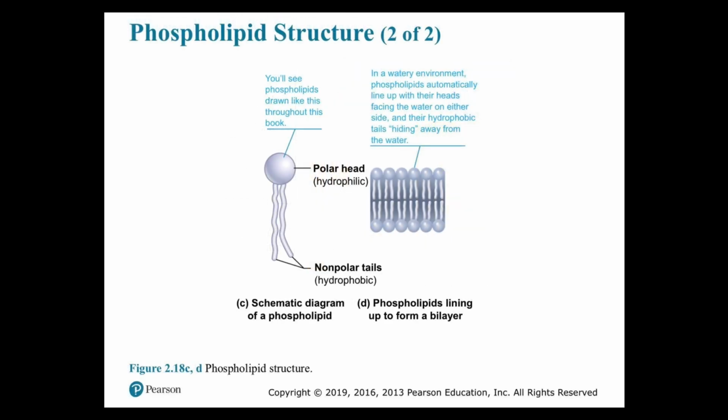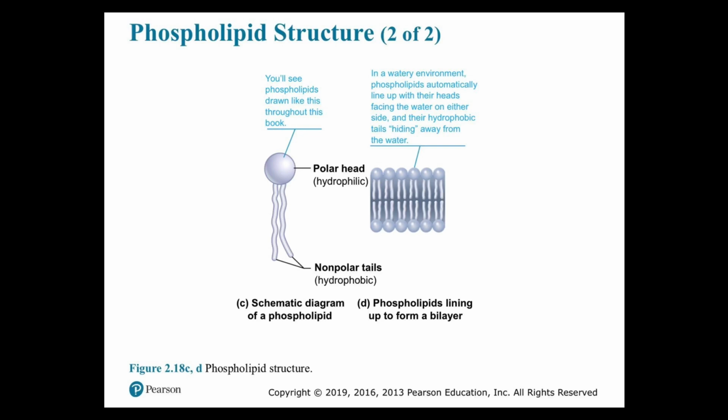Figure 218C shows a schematic diagram of a phospholipid. That's how it's usually represented. When you see a circle with 2 tails, the circle would be the polar head, in other words, the glycerol plus the phosphate group, whereas the nonpolar tails would be the fatty acids, the hydrophobic portion.